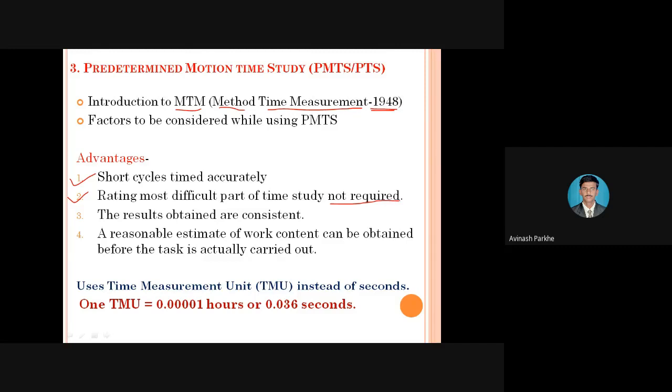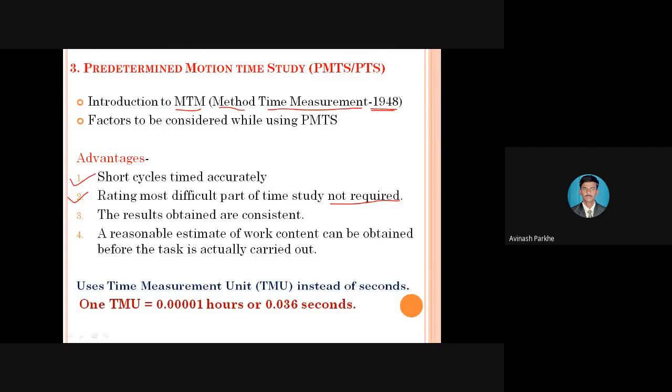A rough value is given, that I have to complete that job within 2 hours only. If the same job is completed in 1 hour and 30 minutes, we can give a good rating. But sometimes the same job takes 2 hours and 30 minutes, that means an extra 30 minutes is taken by that job. So at that time, we have to reduce the rating of that particular part.